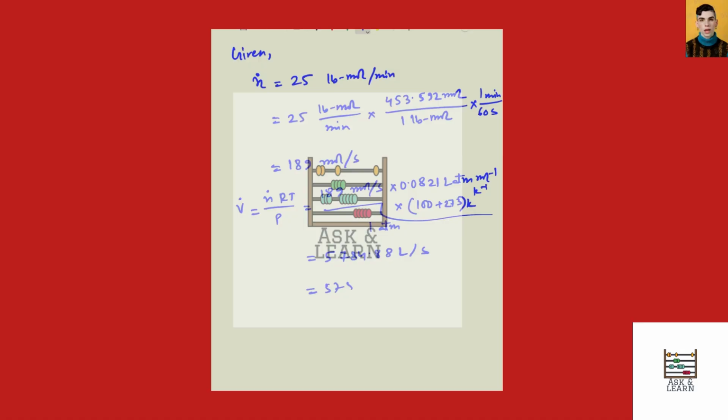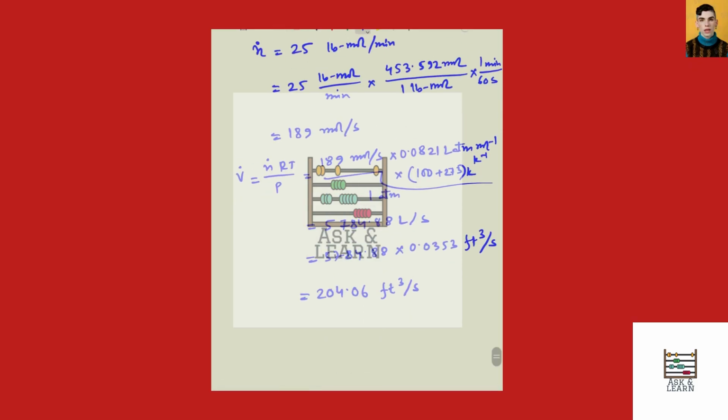Let's do that. From here we get the volumetric flow rate of 204.06 feet cube per second. Now we know the relation between the area, velocity and vapor flow rate.